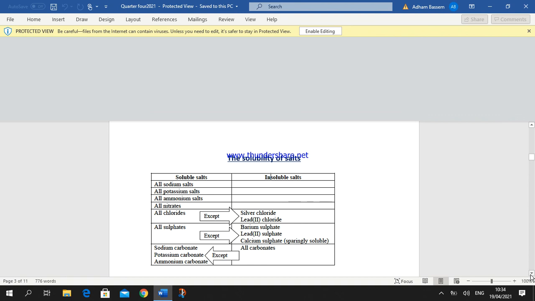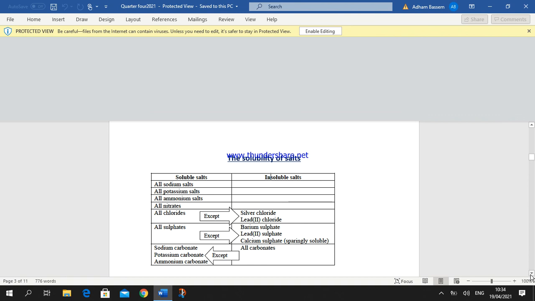Any salt beginning with sodium, potassium, or ammonium is soluble. Also all nitrate salts: any salt ending with the nitrate group, NO3, is soluble.